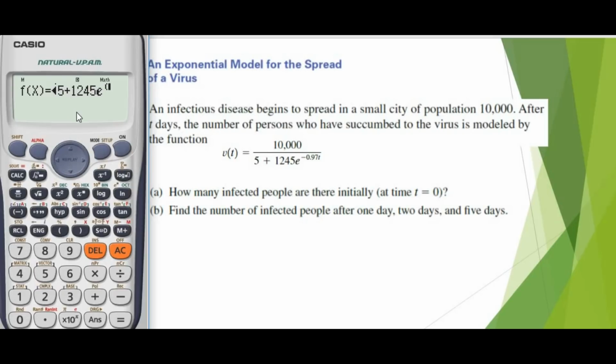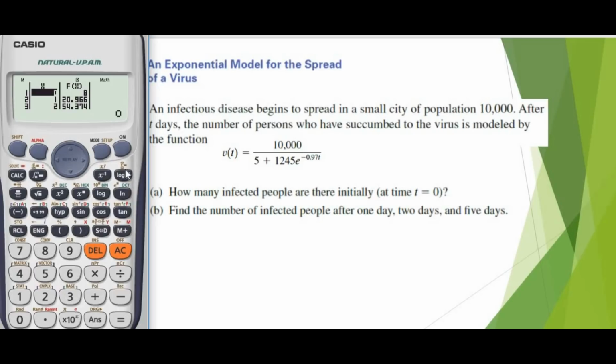In this case, we'll simply use x, negative 0.97 alpha x, close parenthesis, and again close parenthesis, equals. So we'll start with t equals 0 and until the 5th day. The end would be 5. Our increment would be 1.